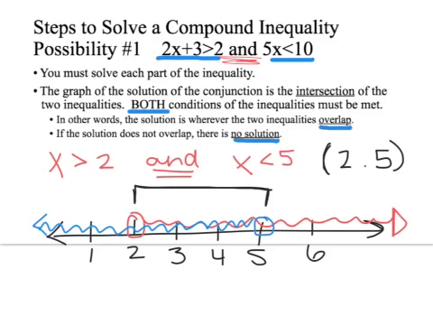So this is called interval notation over here. If you use open circles, you use parentheses for your interval notation. If you used closed circles, then you would use brackets. And you'll see that as we go. But the answer for this graph is just where they overlap, between 2 and 5.